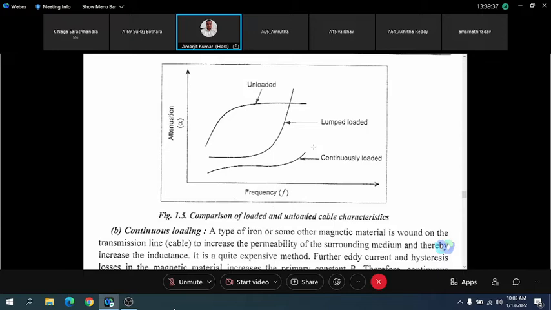Attenuation versus frequency is shown in this figure for different types of loading: lumped loading, continuous loading, and when it is not loaded.